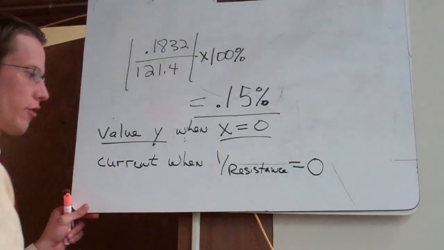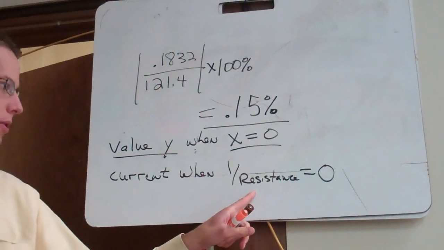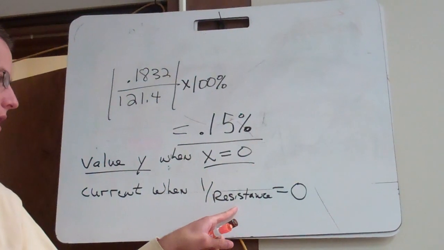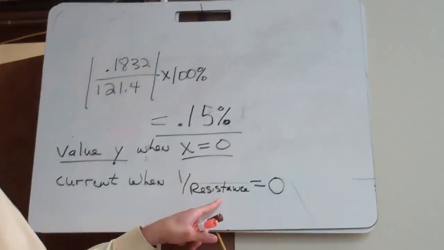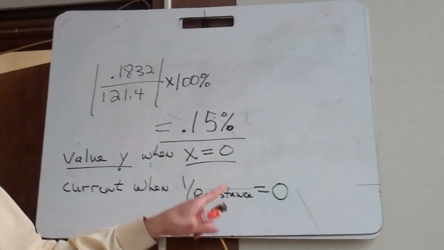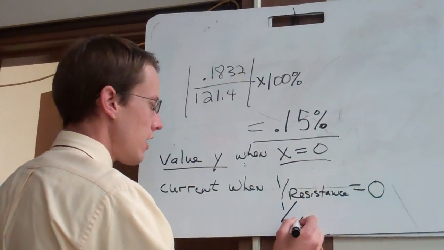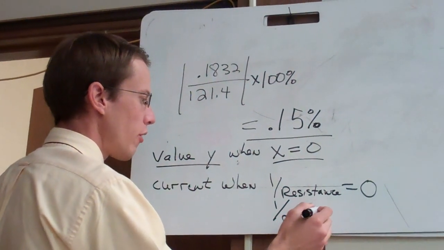Now this is going to be fun for you pre-calc students and you calculus students because you don't really talk about this a ton in algebra. So the question is, what does the resistance have to be to make the number come out to 0? It can't be really small or it'll blow up into a big number. So when you take 1 divided by infinity, that will approach 0.